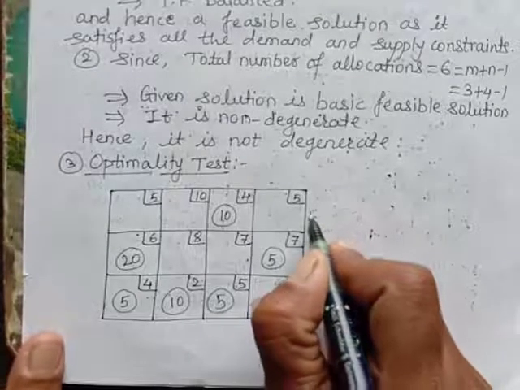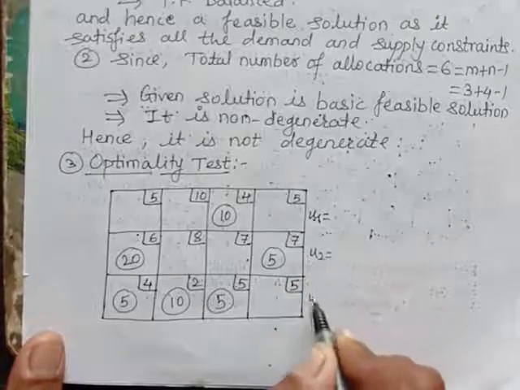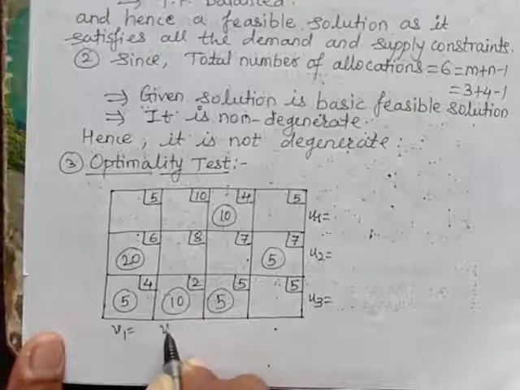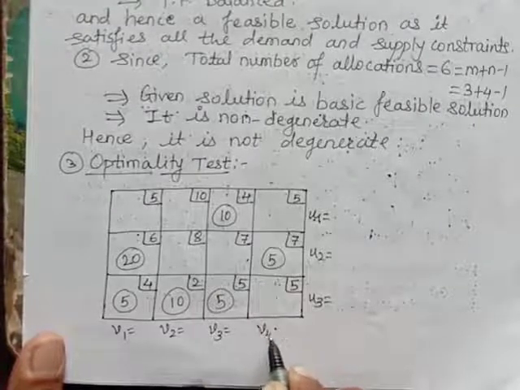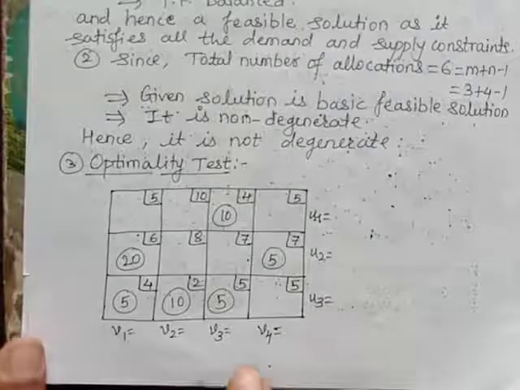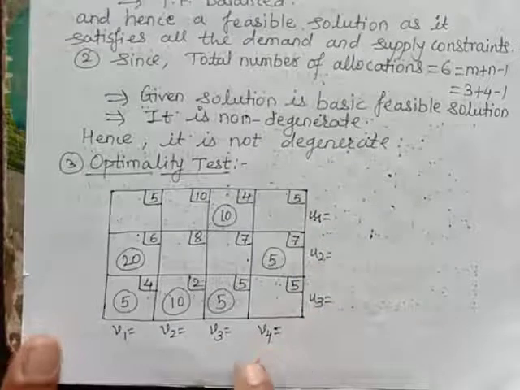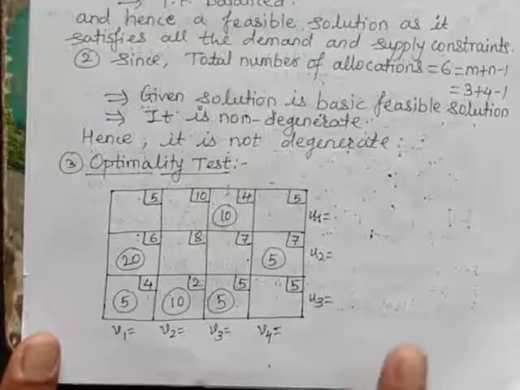The Ui's and Vj's. So U1, U2, U3, V1, V2, V3 and V4. Now like last video, let me give these things orally itself so that you can do them orally. If you want to write them in theoretical way, you can do that also.